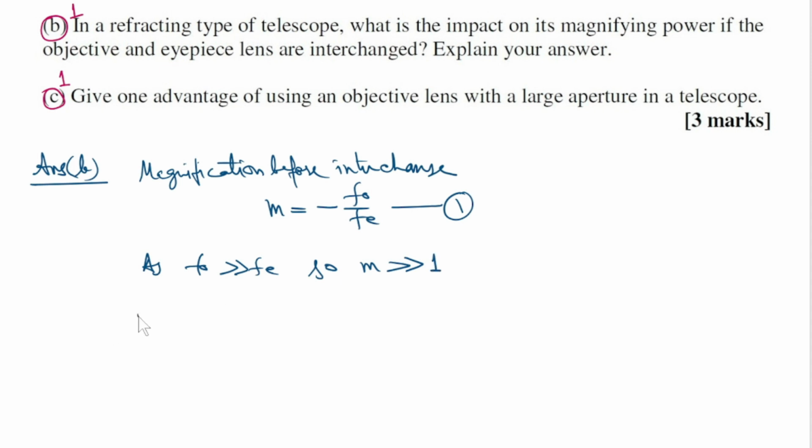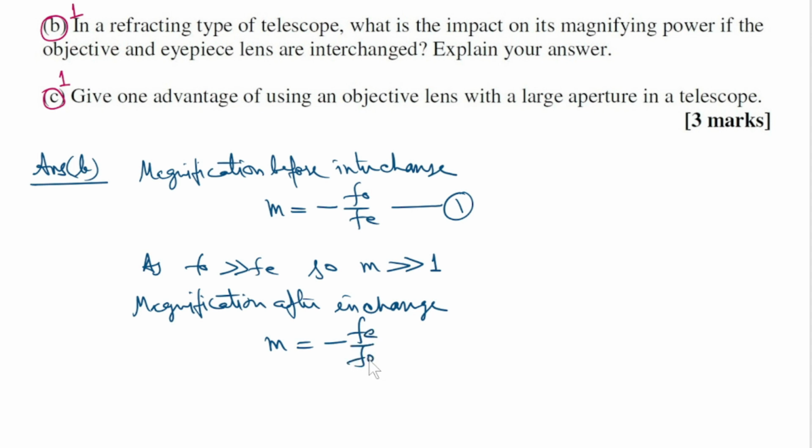Magnification after interchange of lenses. M dash equals to minus Fe by Fo.